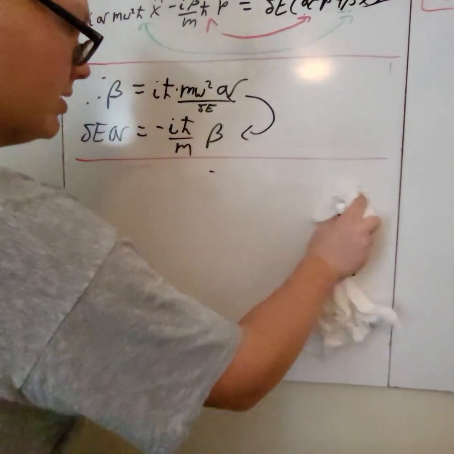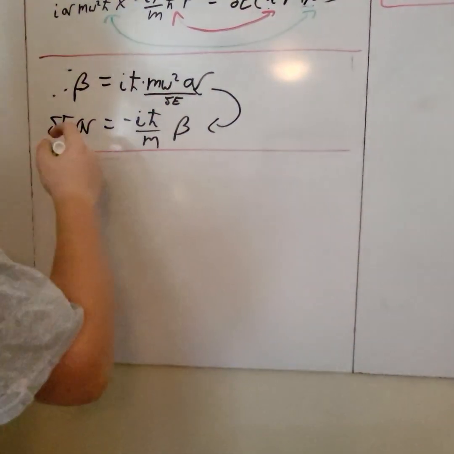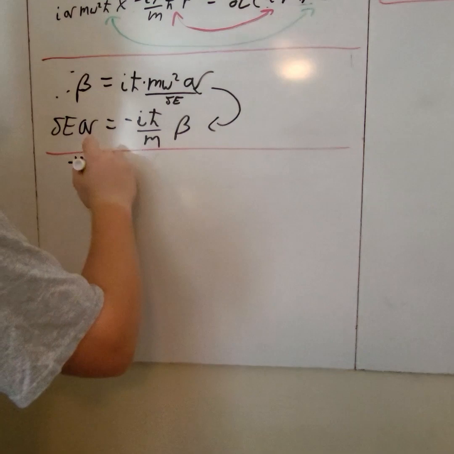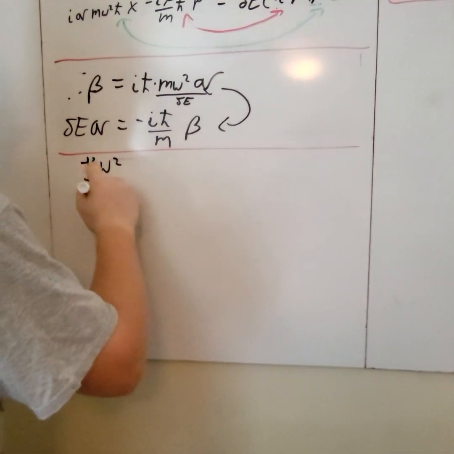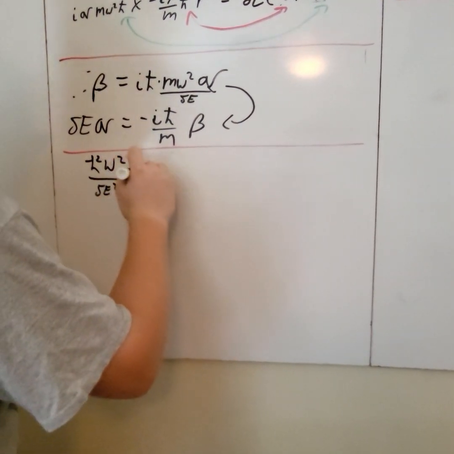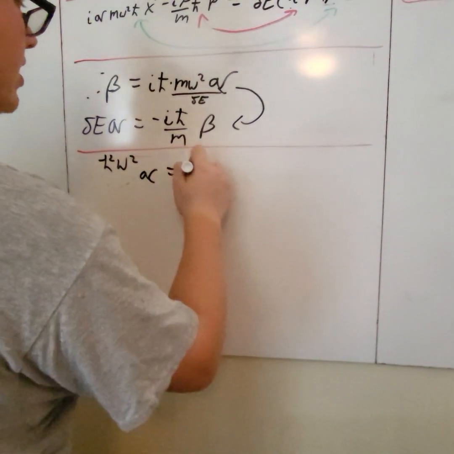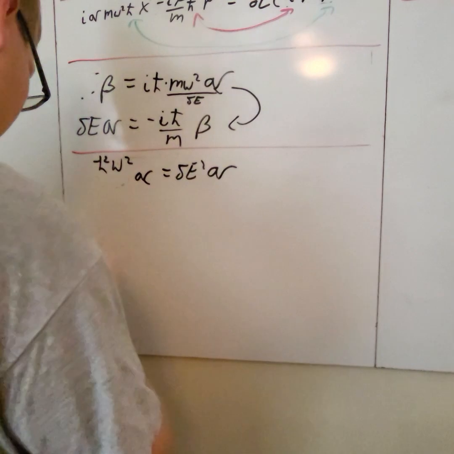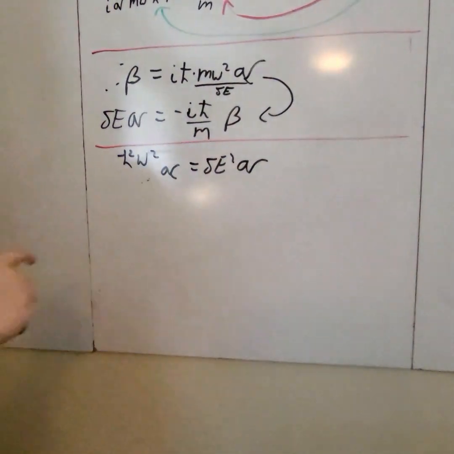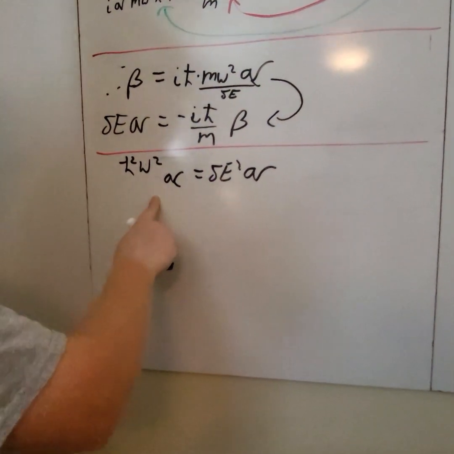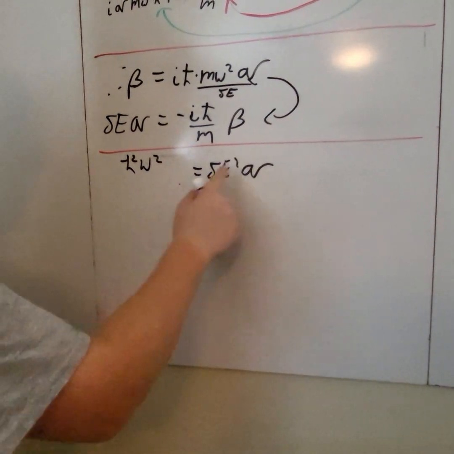So we can tidy this up. h bar squared times omega squared over delta E, times alpha, equals delta E times alpha. It would be kind of redundant if alpha were 0, so that would be very boring and wouldn't help us very much, so we cancel that out.